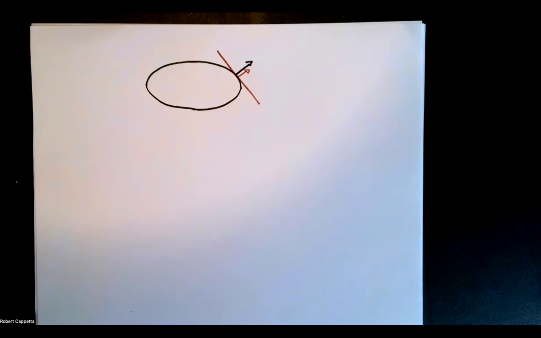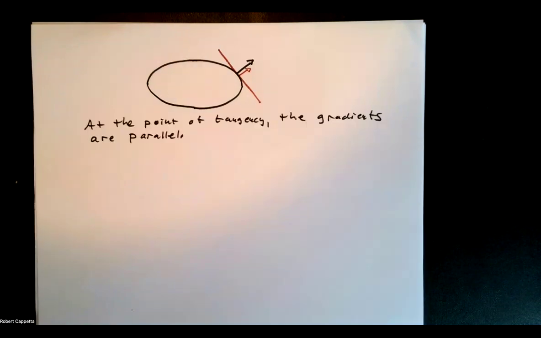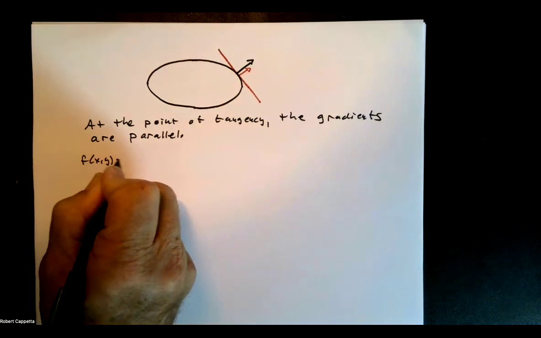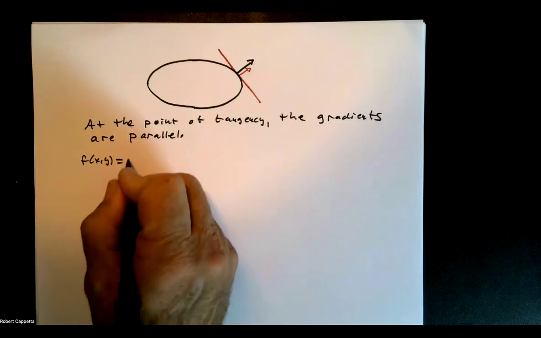And at the point of tangency, these gradients are parallel. So the function that defined the red line is f of x, y equals 2x plus y.